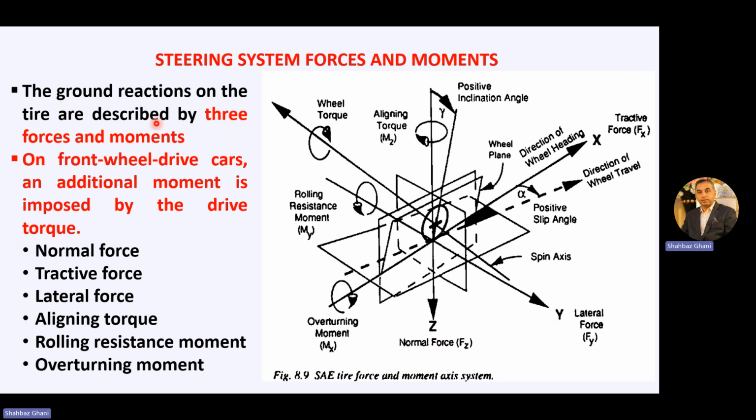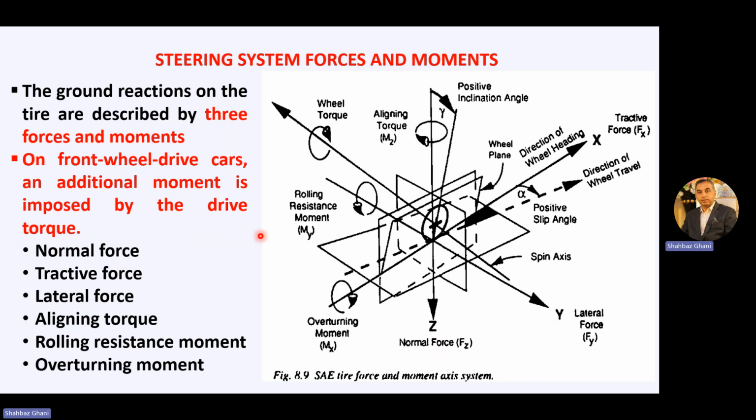The ground reaction on the tire is described by three forces and three moments. On front wheel drive cars, an additional moment is imposed by the drive torque. So we have three forces, three moments, and then an additional moment imposed by the drive torque.